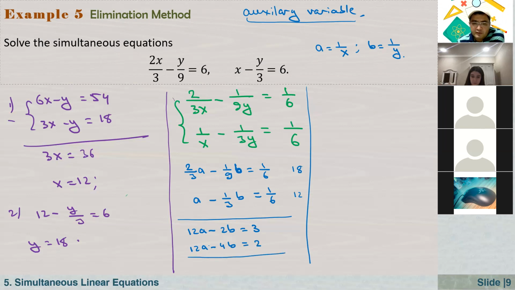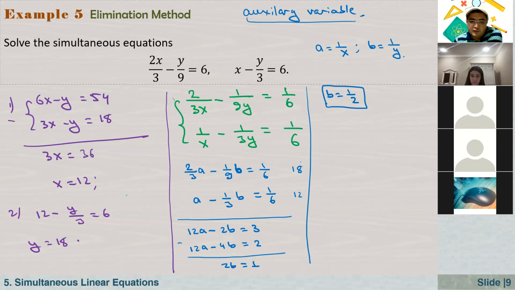If you subtract the second equation from the first one, 12a minus 12a is 0, and minus 2b minus minus 4b is 2b, and on the left hand side we have 1. Now from here, what is b? b equals 1/2, right? I know the value of b.